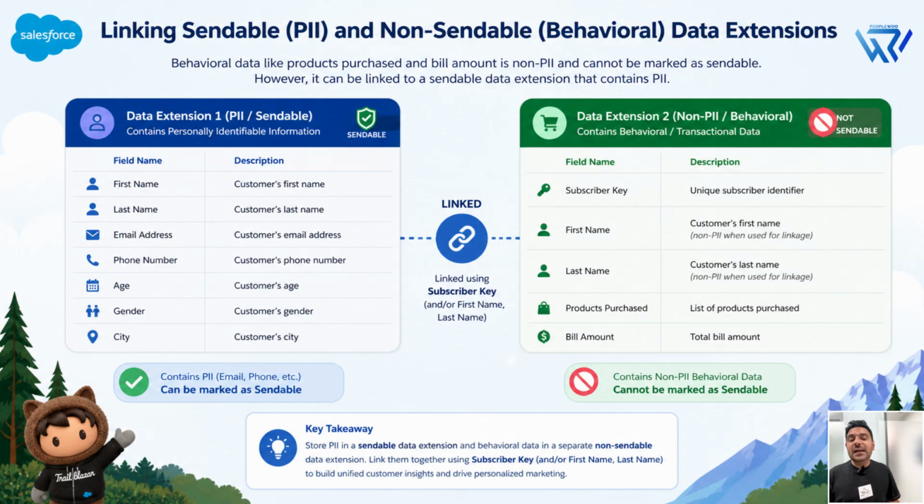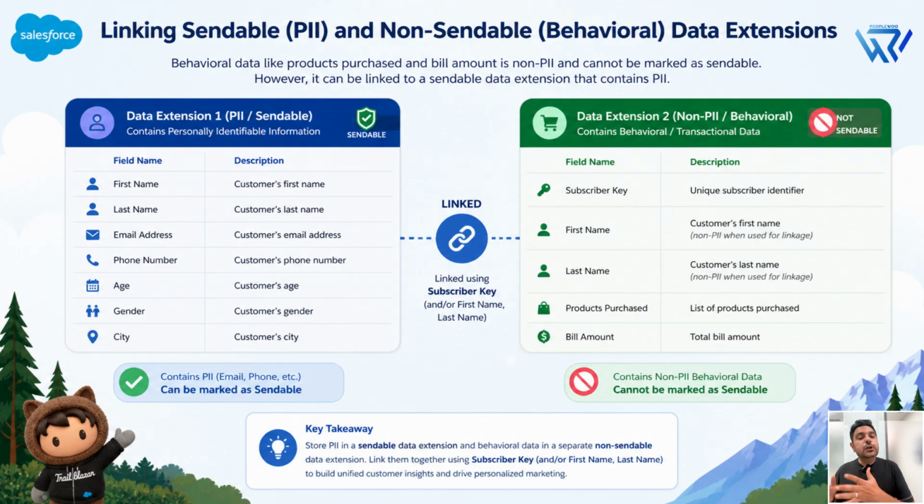But behavioral data like products purchased and bill amount are non-PI data of a customer, which generally does not contain an email address. So data extensions storing this non-PI, behavioral data cannot be marked as sendable.